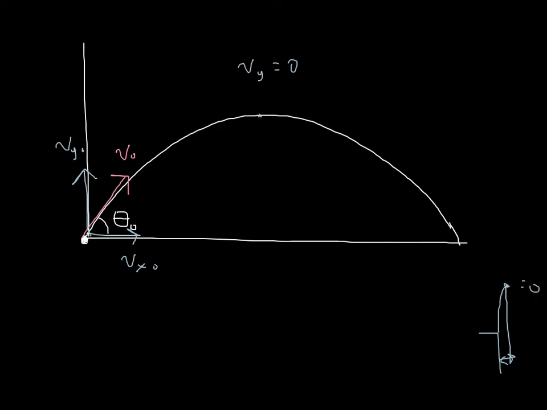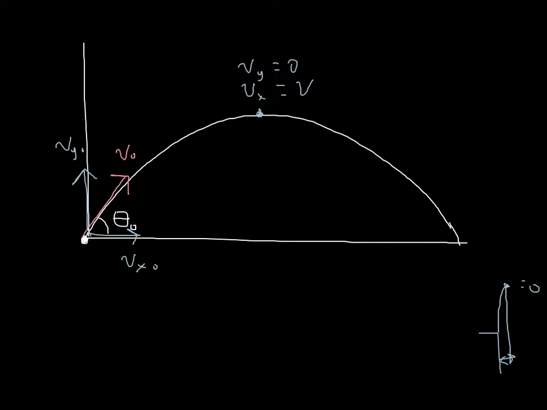That means that all of the velocity of the object will be in the x direction. So that's something super important to know about a projectile. So Vx is equal to the total velocity at the peak of this system.